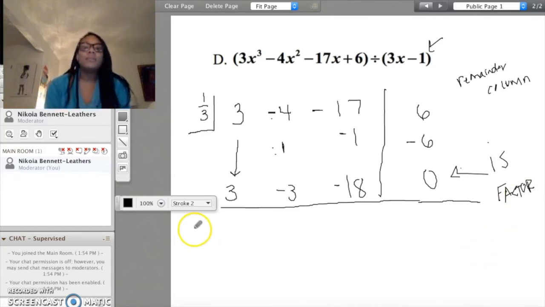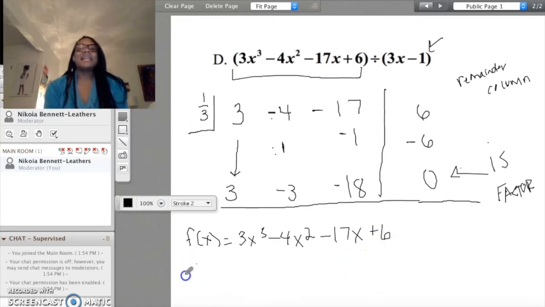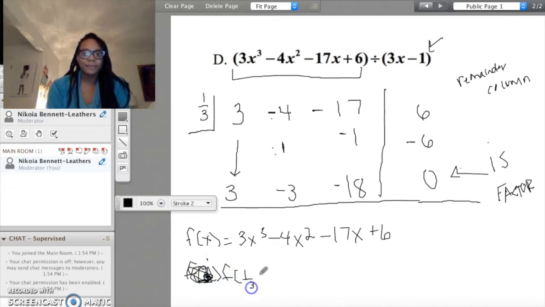Now, if I want to use my remainder theorem, or the f of x test, as I call it, I'm again going to set my divisor equal to 0. And I'm going to find f of, this time my 0 is not negative 1/3, sorry, it's f of 1/3.